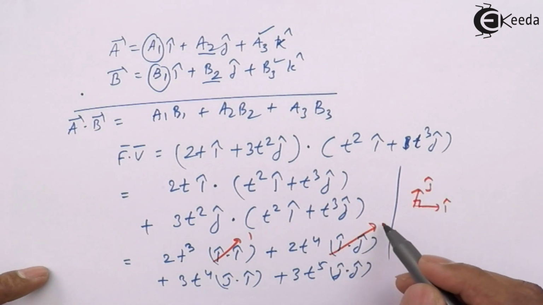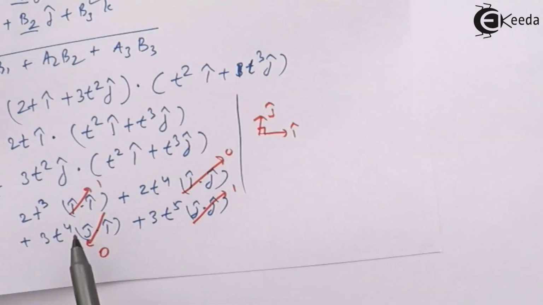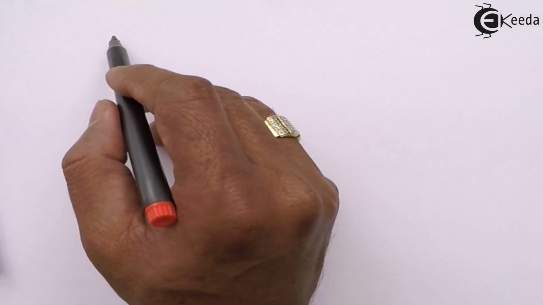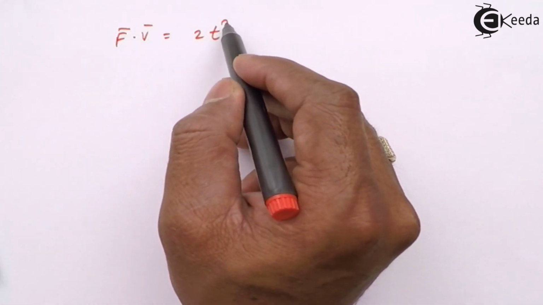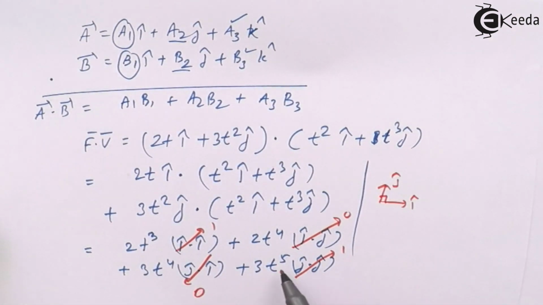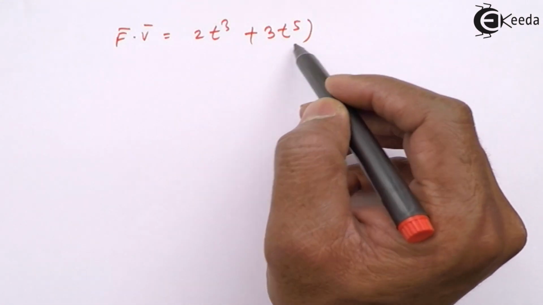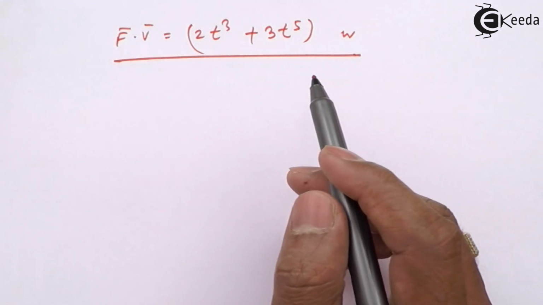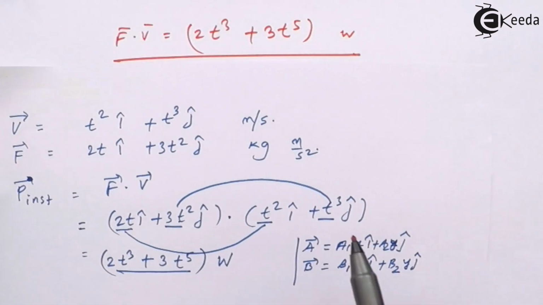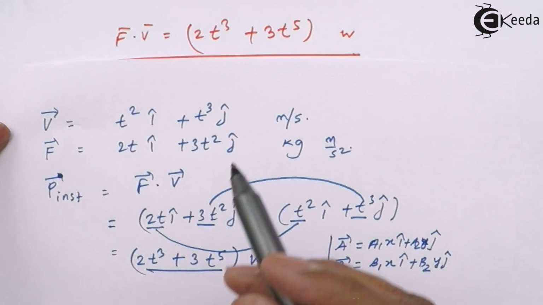So i dot j is 0 and j dot i is also 0. This becomes 1 and this becomes 1. Then what is left is 2t³, so F dot v is finally left with 2t³ plus 3t⁵, exactly what we got here also.